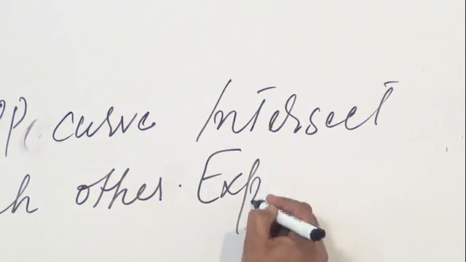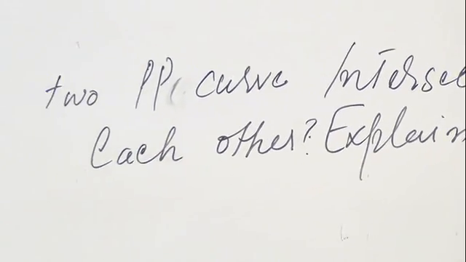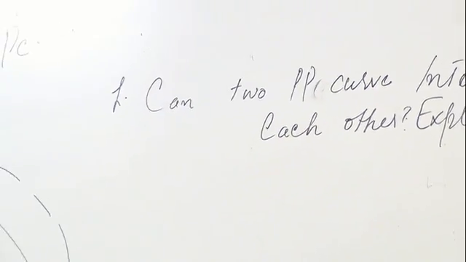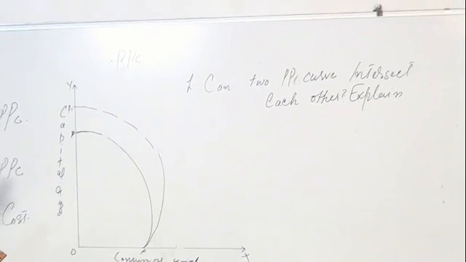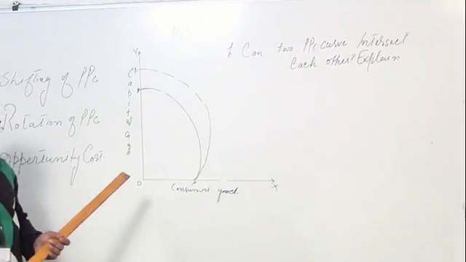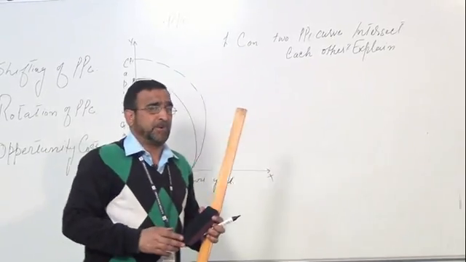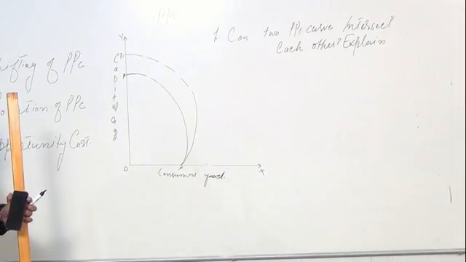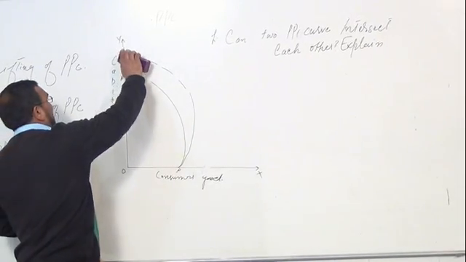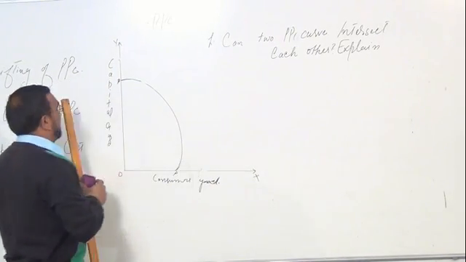Explain. This type of question you may find in your examinations. So it confuses you whether two production possibility curves can intersect each other or not. You can say yes, two production possibility curves can intersect each other. Now the question is why? I am saying that two production possibility curves can intersect each other.